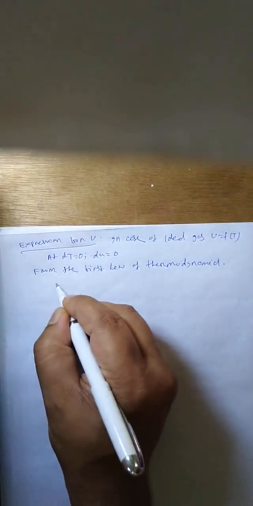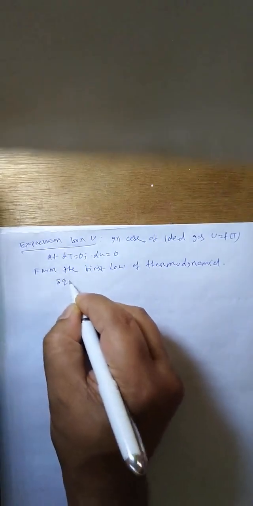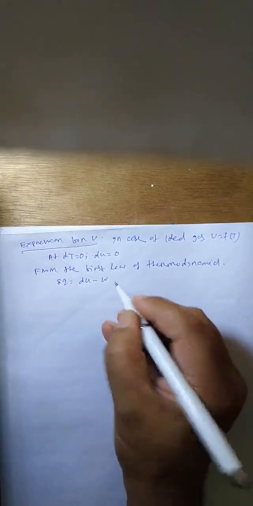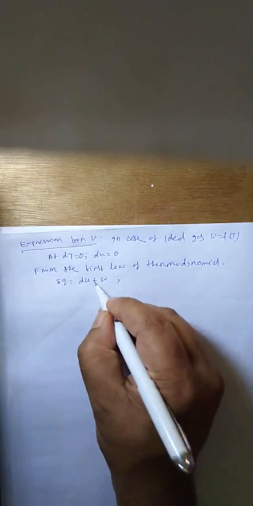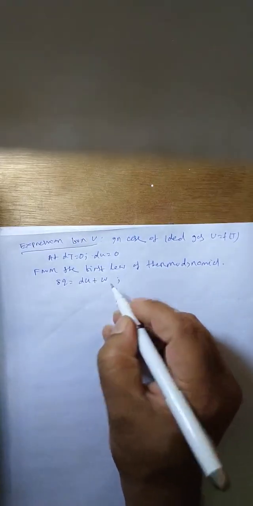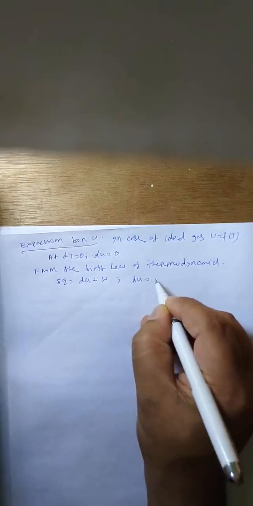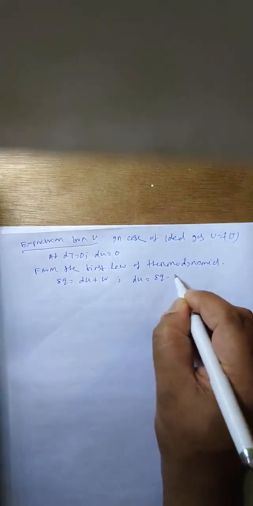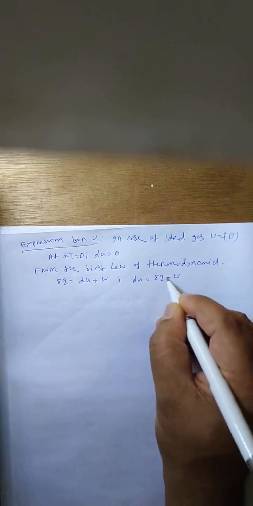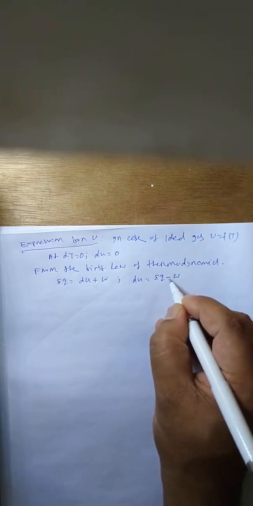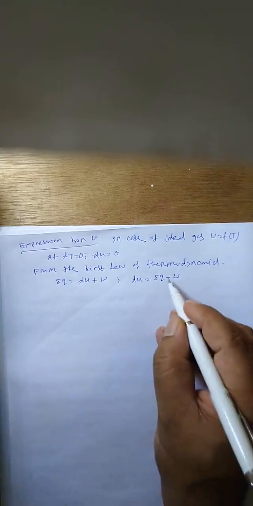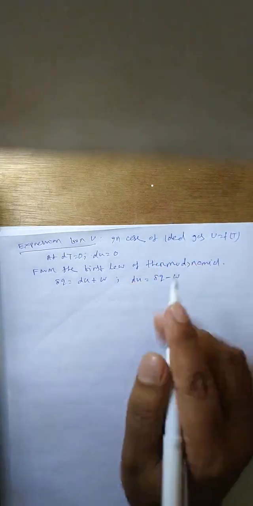We know that dU is equal to delta Q minus W, where minus means the expansion work is done by the system. You cannot put plus here. If you write plus, it means work is done on the system.